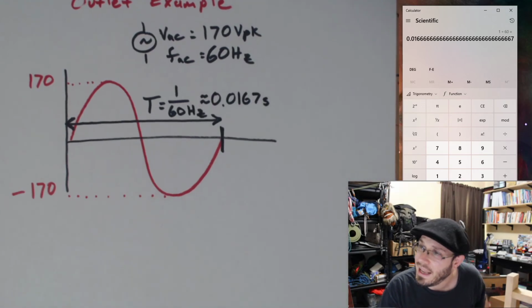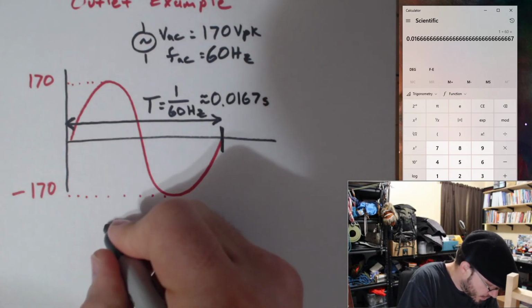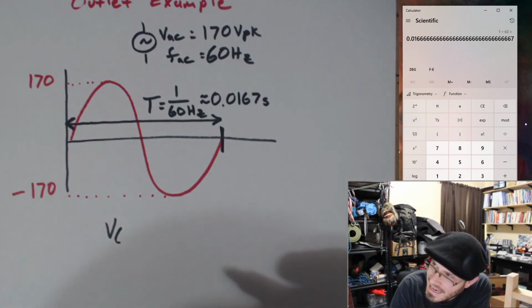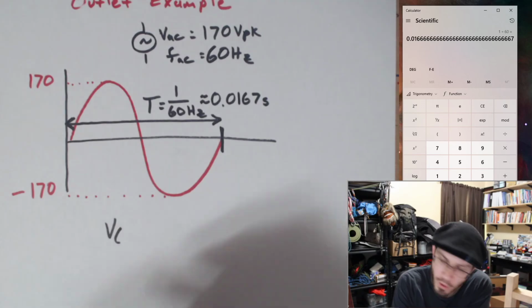Then we can go ahead and put that into our formula to find the instantaneous value of this voltage at any point.